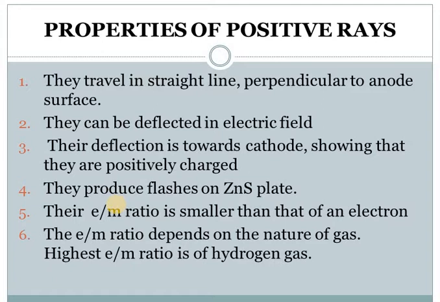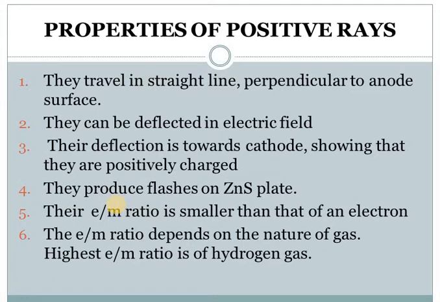Fifth point is, their E by M ratio is smaller than that of an electron. E by M means charge to mass ratio is smaller than that of an electron. How is it proved? If we just study the next point, it will be very clear to you how is it smaller or how can it be larger. But this can be one of the objectives over there.